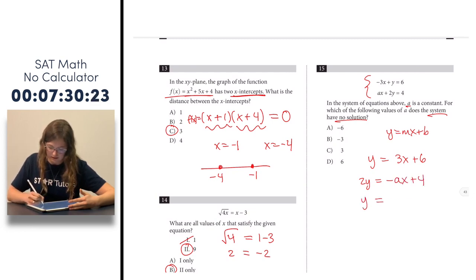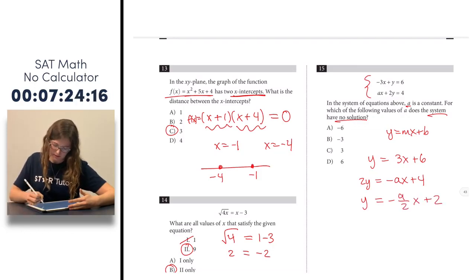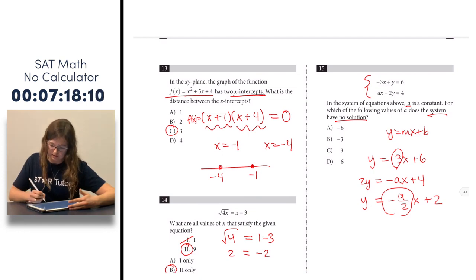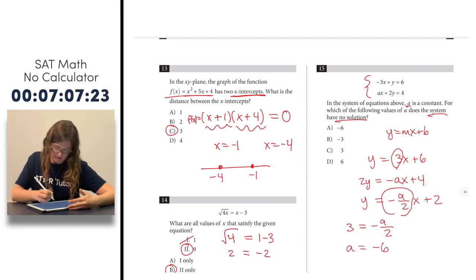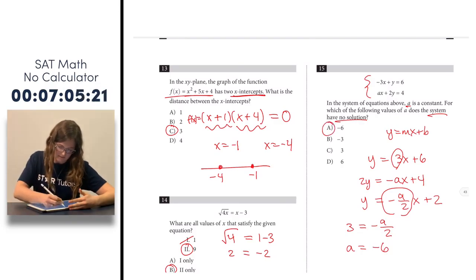So I get y equals -a over 2 x plus 2. I want these slopes to be the same so that these lines are parallel and there's no solution. That means I need 3 equal to -a over 2. So if I multiply by -2 on both sides, I get a equals -6, which is A.